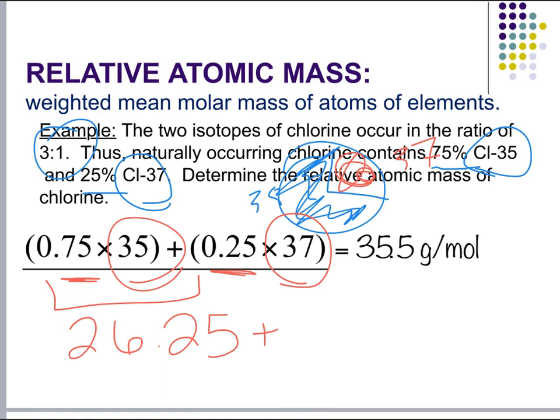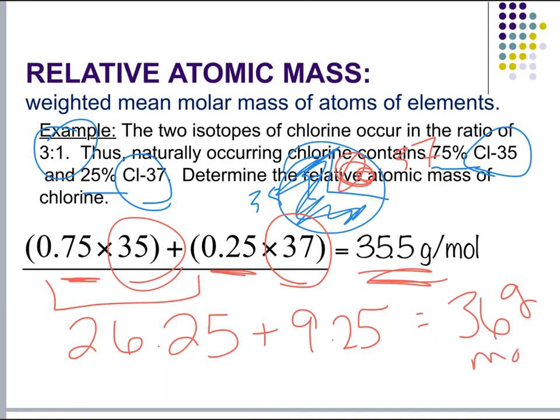And for the second part, you get 9.25. If you add 26.25 and 9.25, you get 35.5 exactly. Given the 2 sig figs in the problem though, if this were my IB test, I would give 36 g mol^-1.